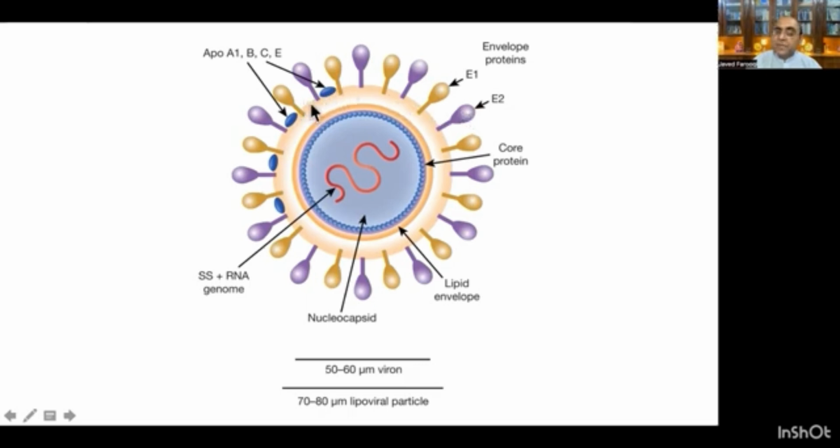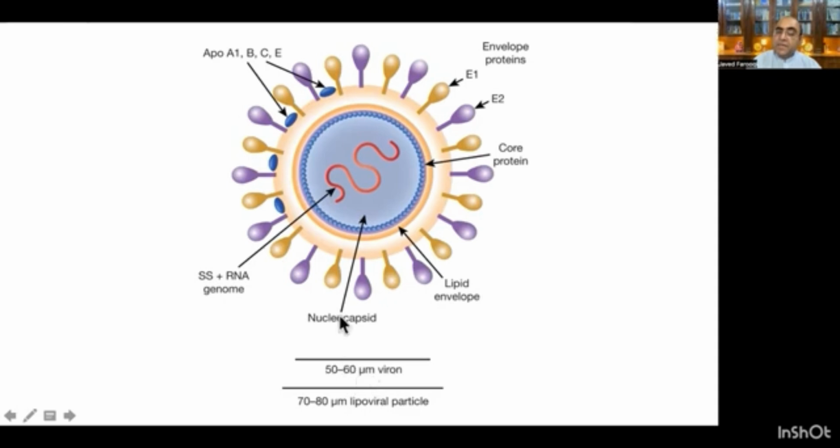And to the envelope, the apoproteins A, B, C, E are attached. So this is the structure of the envelope. The envelope is wrapping the nucleocapsid, and within the nucleocapsid is the single-stranded positive RNA genome.